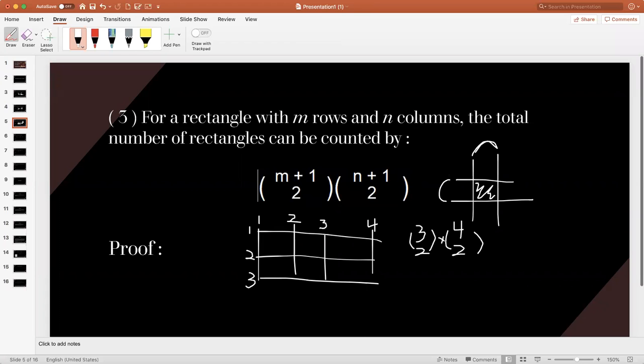And then after we pick those two horizontal lines, for the n columns, there are n plus 1 vertical lines. After we pick two of those vertical lines we need for the rectangle, we multiply those two values together, and then we get the total number of rectangles in an m by n grid.